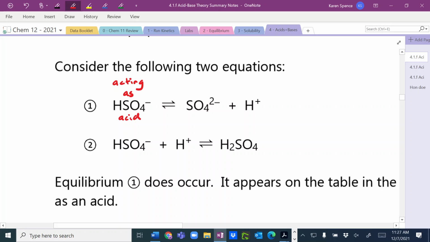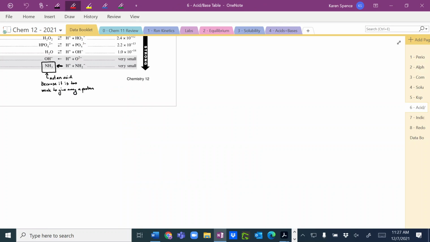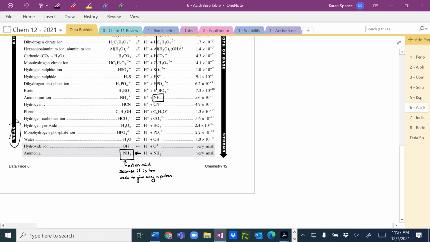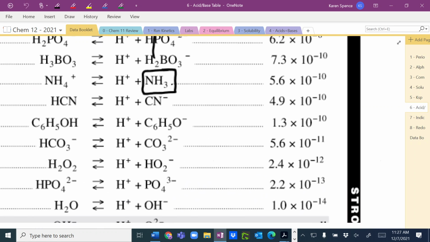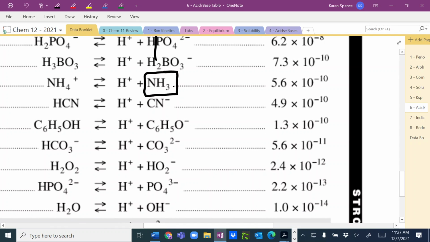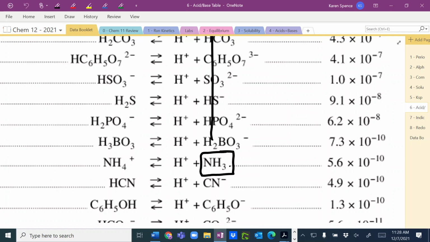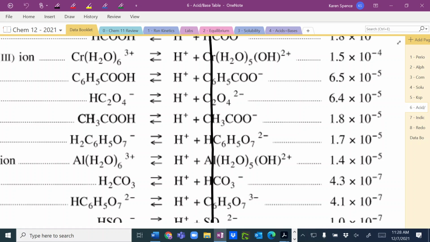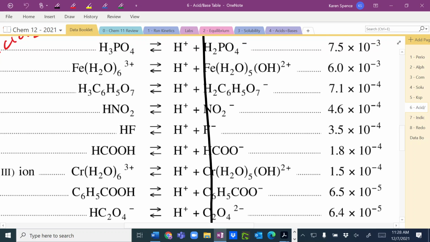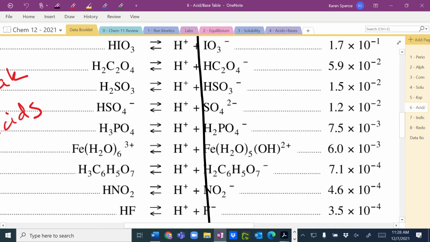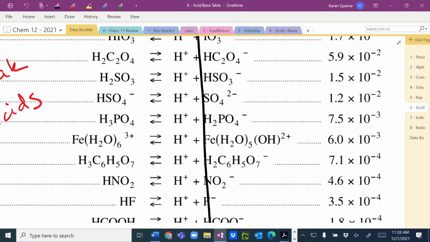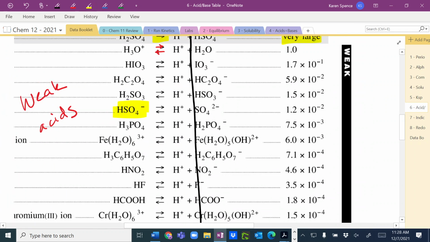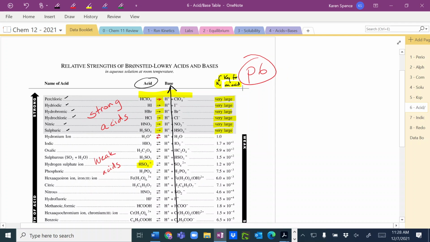And if we go to our data booklet and we look up HSO4, I think it's near the top here somewhere. HSO4, right here. Okay, highlighted. I'm going to zoom out so you can see where it is on your table. Okay, it's about 5 down from the gray zone.